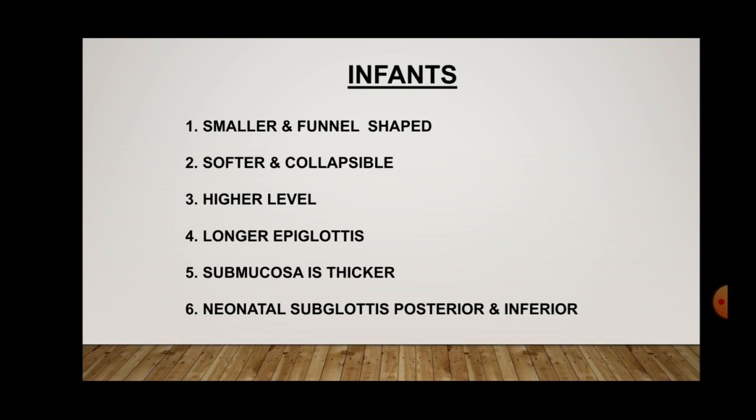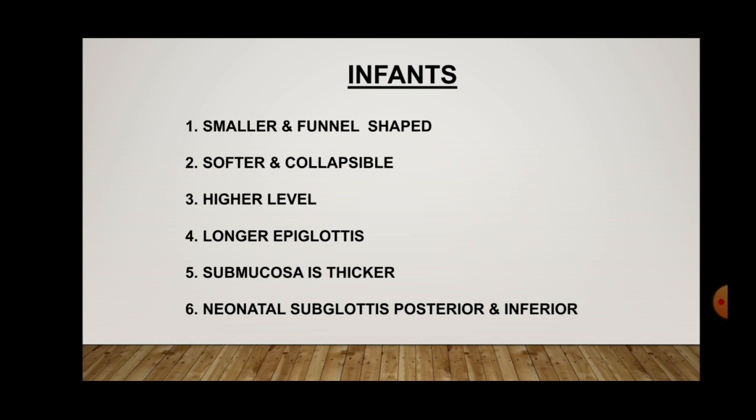The upper margin of the larynx rests at the level of the axis vertebra in infants, whereas it is at the level of C3 in adults. The epiglottis is narrower and deeply grooved, which is more suited for protecting the air passage during suckling. Since infants suckle, this adaptation in the epiglottis helps to protect the air passage.